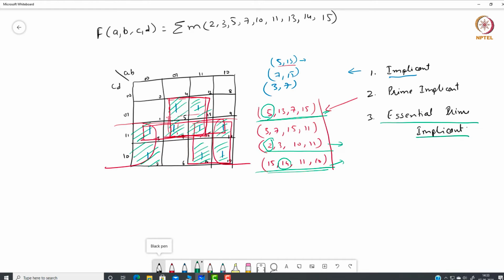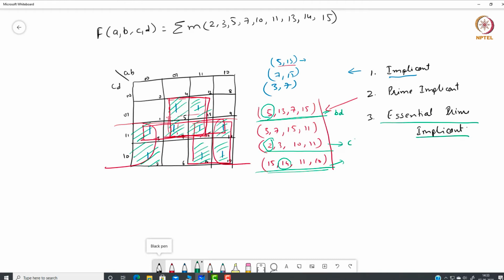So how do we write our final solution? Let's quickly see. For 5, 13, 7, 15, the minimum product expression would be: 5, 7, 13, 15, so B is the invariant and D is the invariant. So this is BD. For 2, 3, 10, 11, here the invariant is C and here the invariant is B dash.